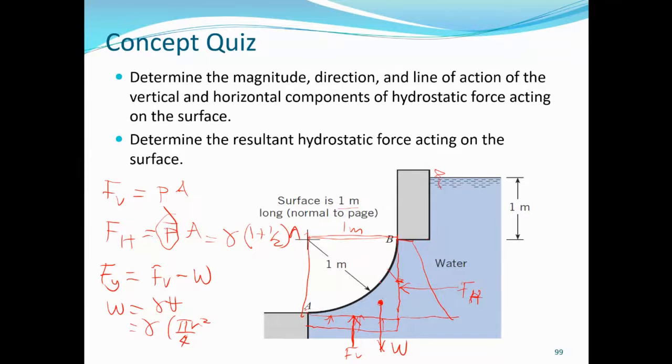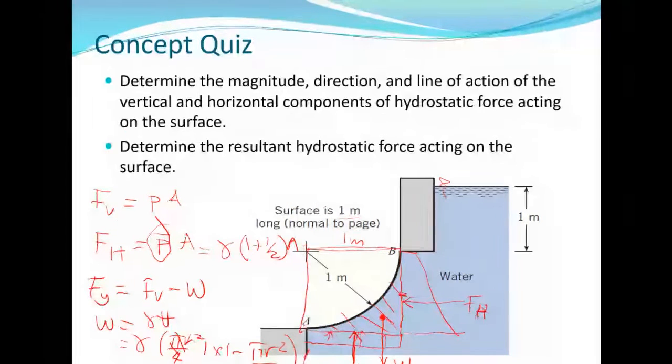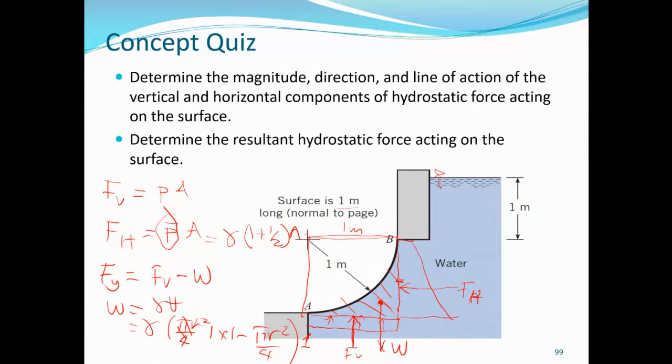This shaded area is going to be the total area minus the area of a quarter circle, which is 1 times 1 minus pi r squared over 4. This is the area times the width, which is also 1. This is W.